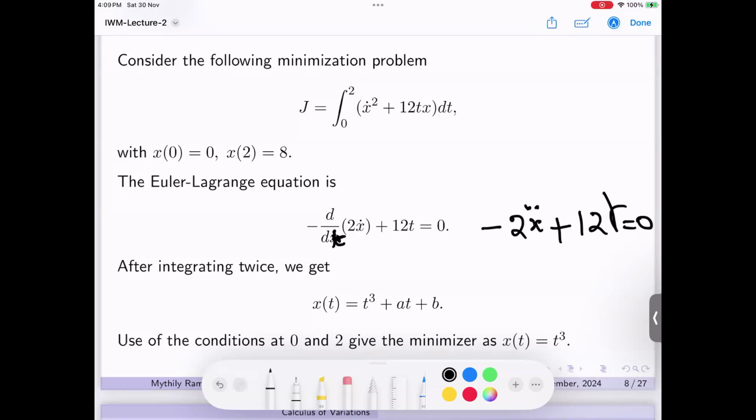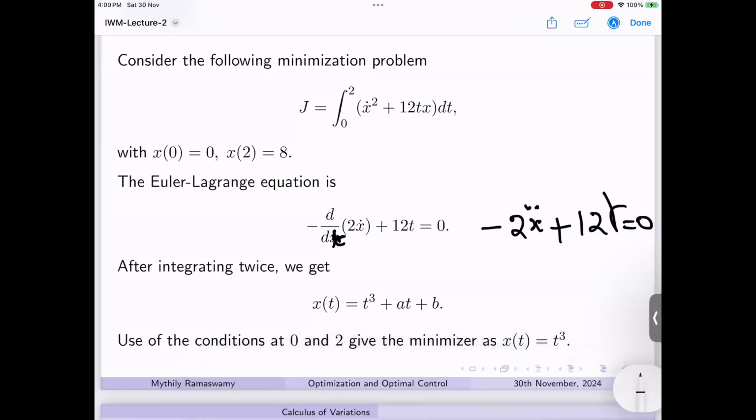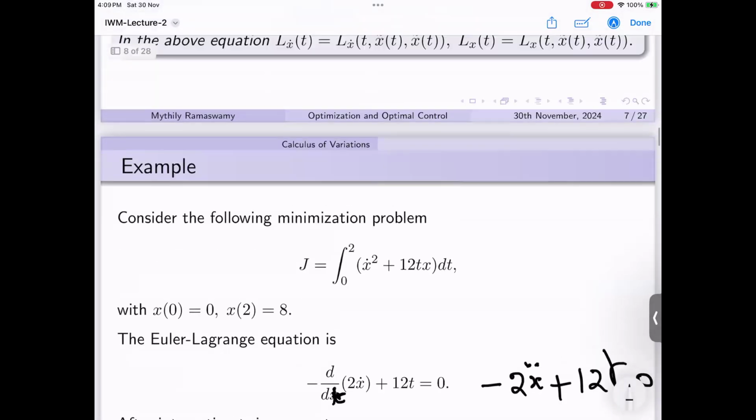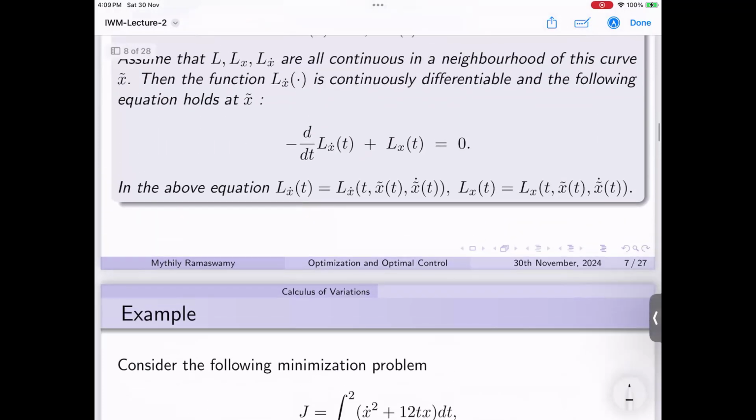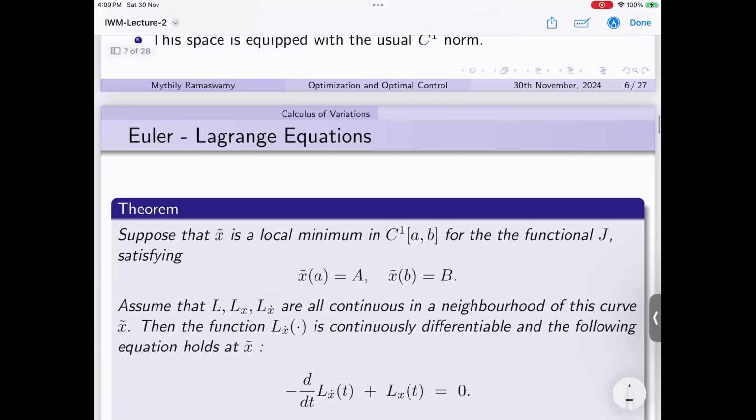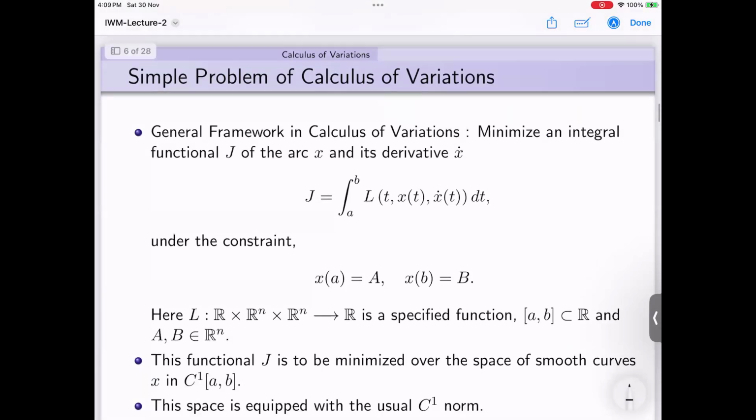Madam, there are a couple of questions. Shall we take them? Yeah, let's take that now. One question is, you have mentioned J is in C1 space. If the integral function J is in C2 space, then how can we write integral function J? I didn't follow.